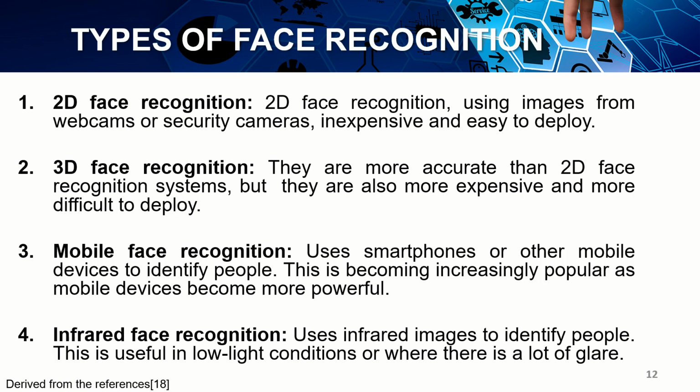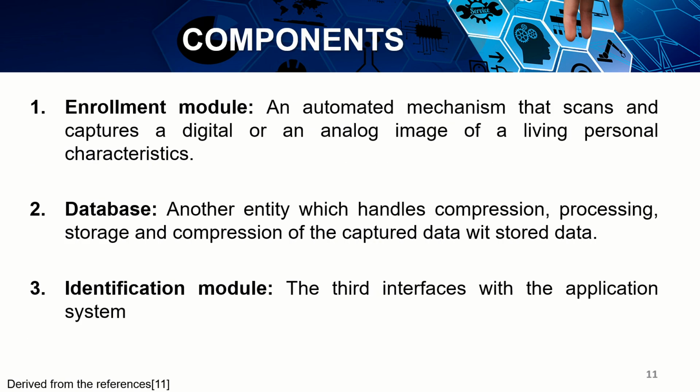The main components used in this technology are the enrollment module, database, and identification module. Enrollment, as I mentioned earlier in the block diagram, is an automated mechanism that scans and captures a digital or an analog image of a living person's characteristics.